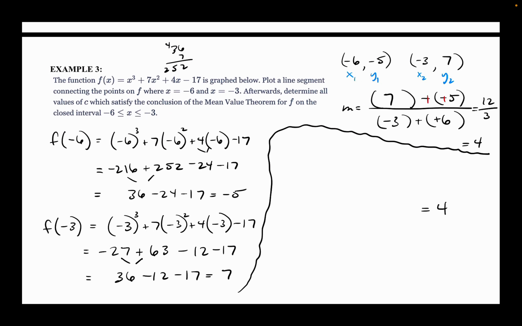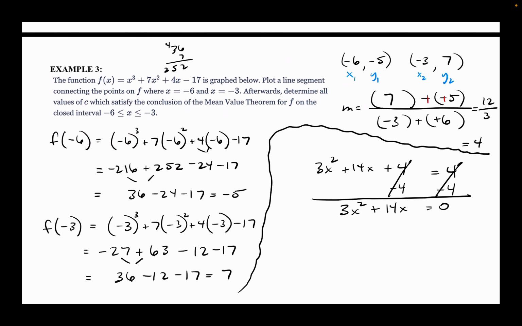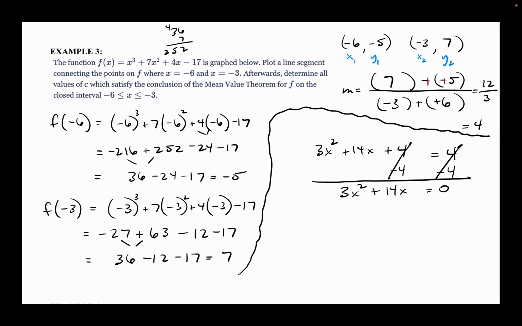Then what are we going to set that equal to? The derivative of the original, so f prime. So f prime is 3x squared plus 14x plus 4. Subtract 4 from both sides to set it equal to 0. And it becomes a binomial. So then we just get zeros for both of them. So let's see, yeah.